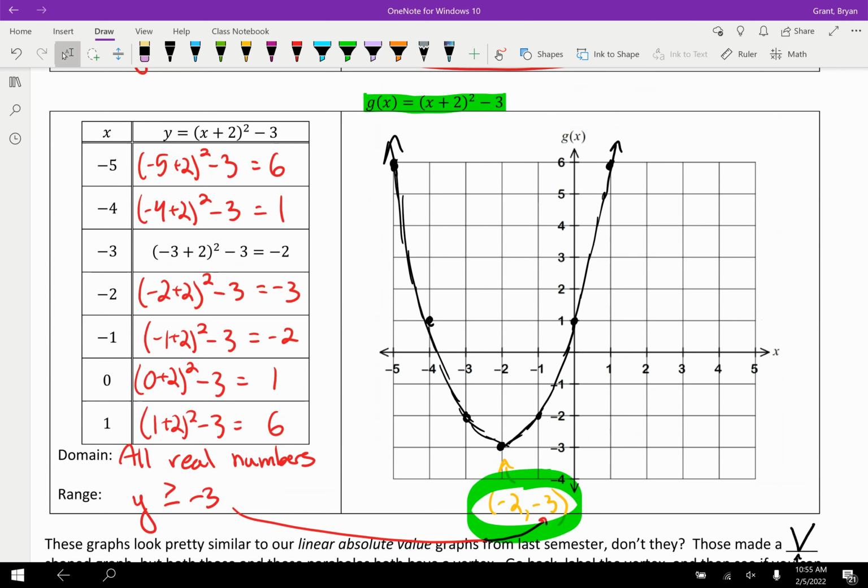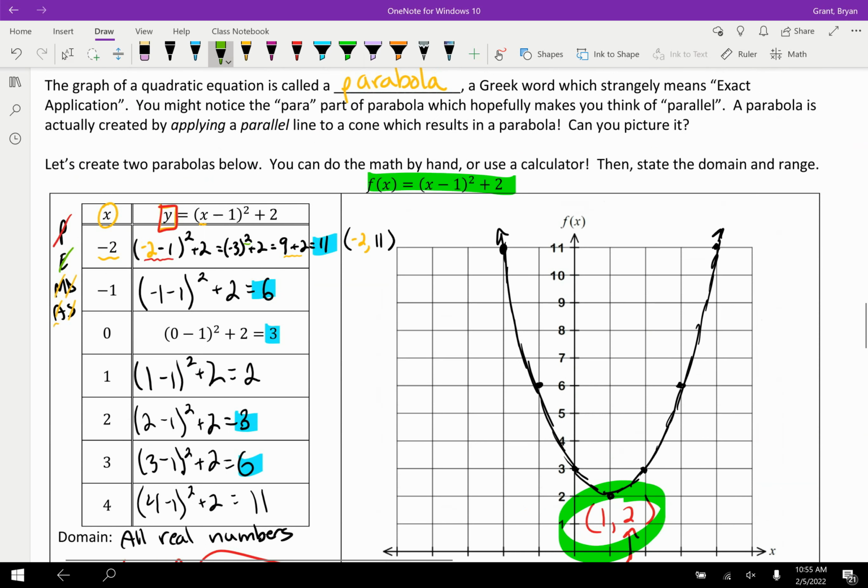I bet you do. We've studied HK form for a few months now, and we've discussed how the vertex relates to HK form. Does it look to be about the same here?